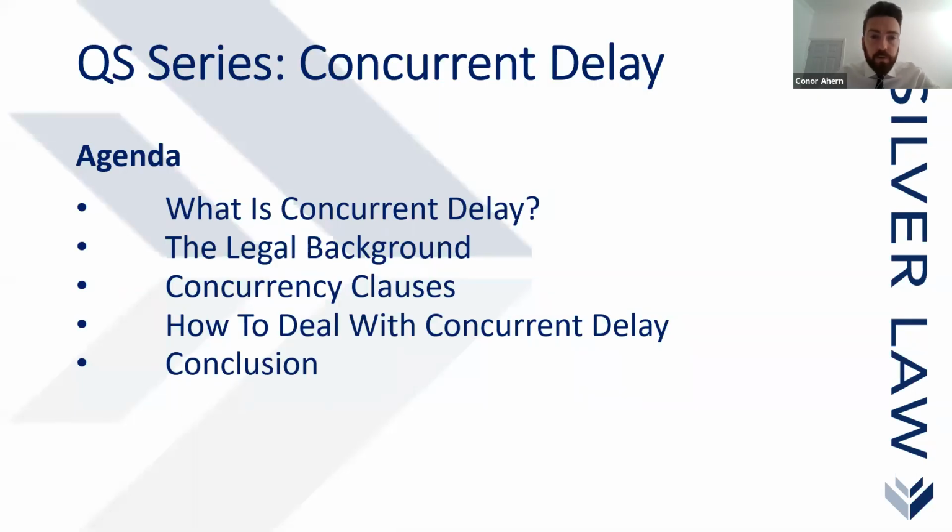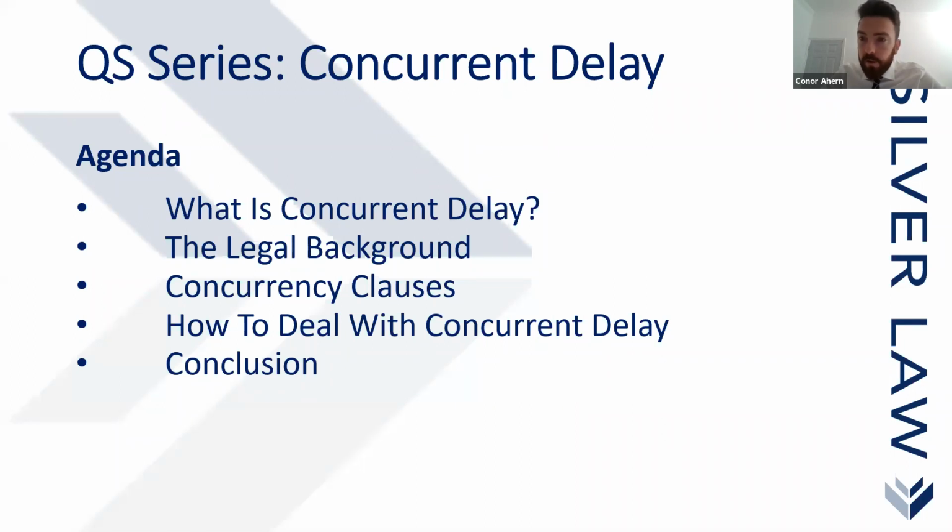So the agenda today: we're going to look at what is concurrent delay, a good definition of what it is. We're going to look at the legal background, some important case law and how the area has developed over time. We're going to look at concurrency clauses. Very frequently now we see amendments to the concurrency position within schedules of amendments used along with the standard forms.